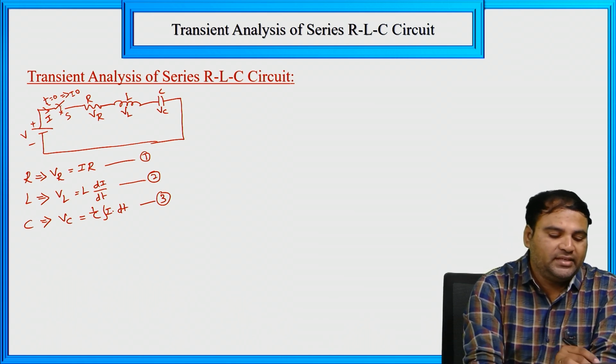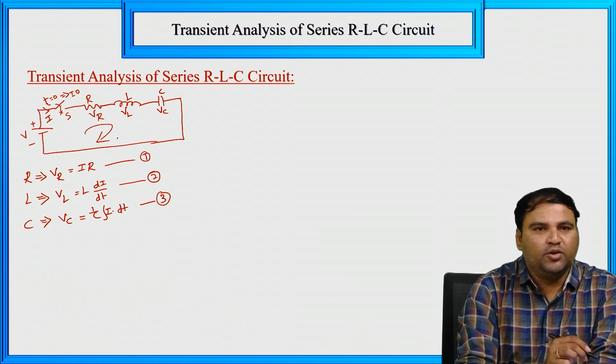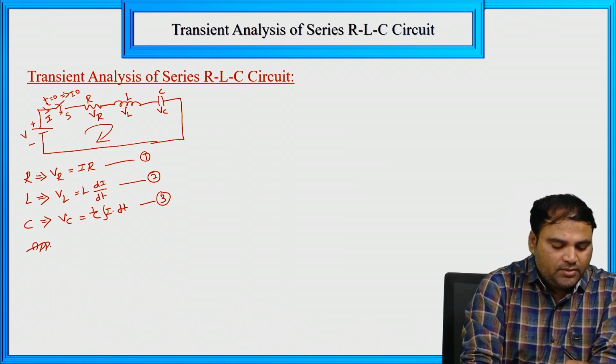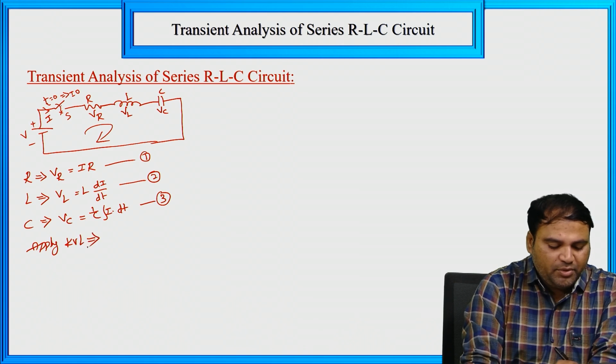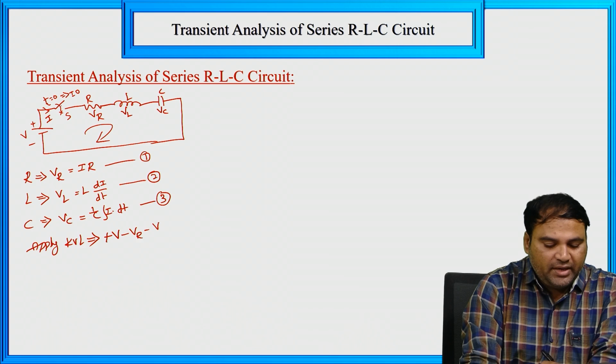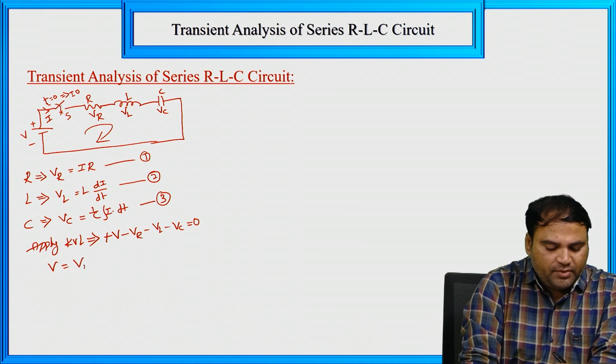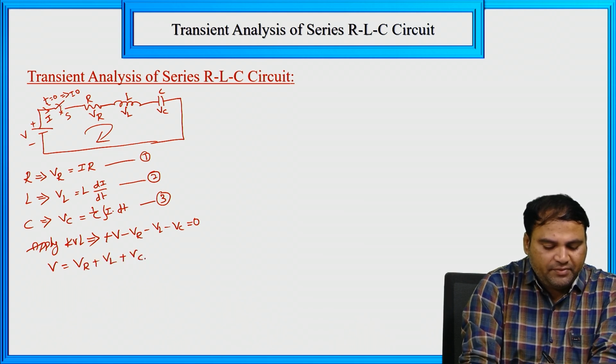Now, it is a single loop. So, in this single loop apply KVL. Applying KVL, we get plus V minus VR minus VL minus VC equal to 0. Then V equal to VR plus VL plus VC.